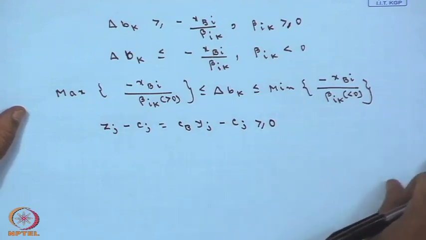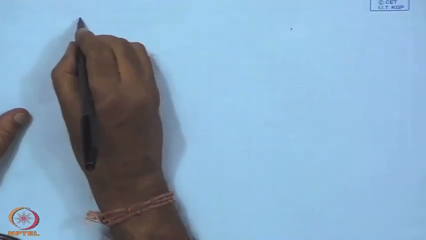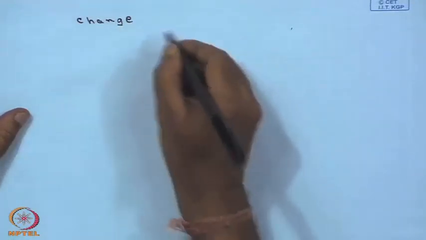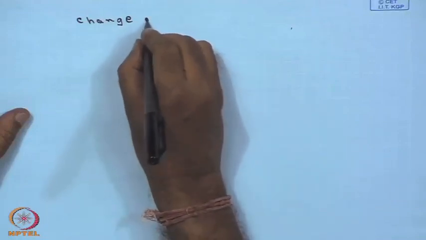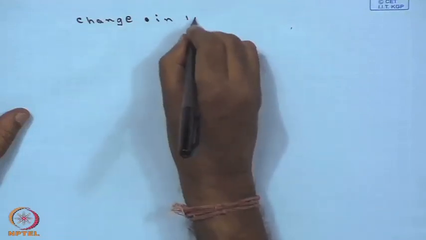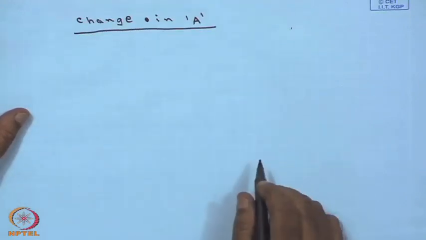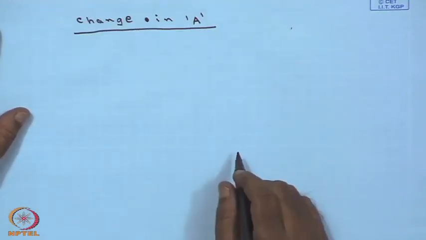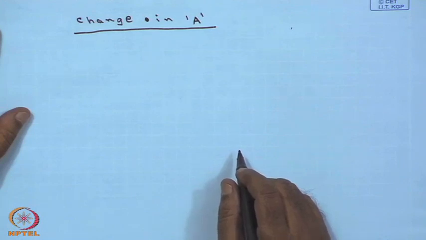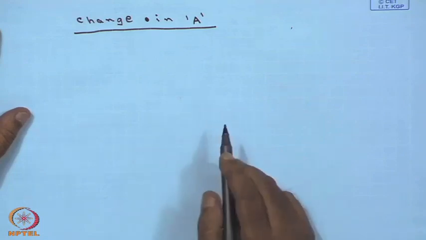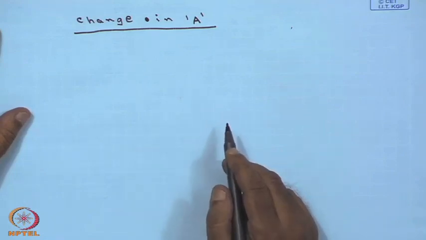Now, come to the next one, that is change in the elements of the coefficient matrix A. Again you have the problem maximize z equals c x subject to A x equals b, where x is greater than or equal to 0. So, A is an m cross n matrix and the rank of the matrix A is m.